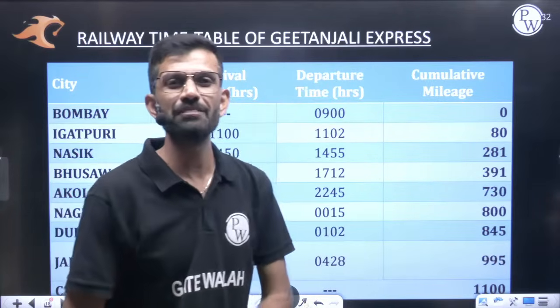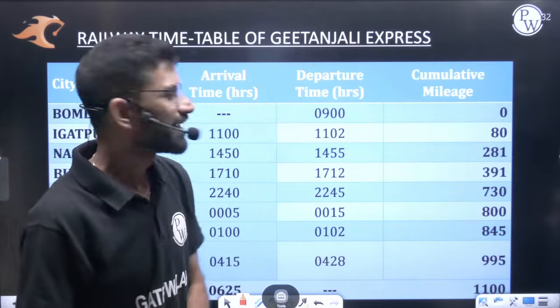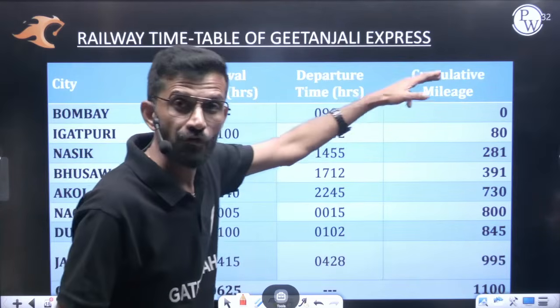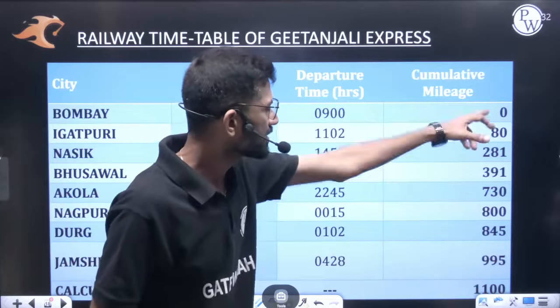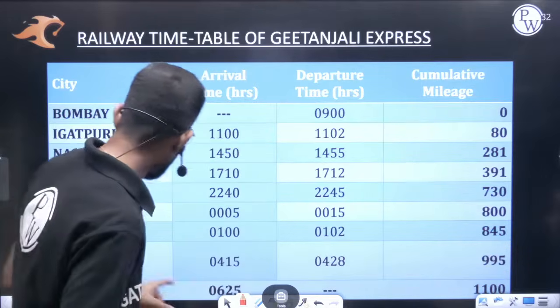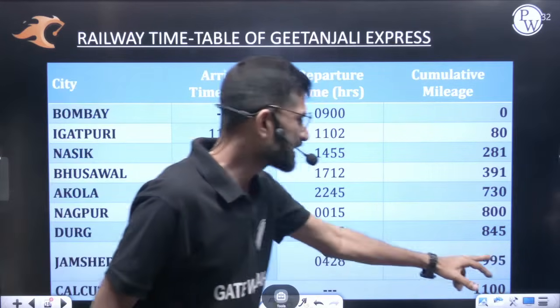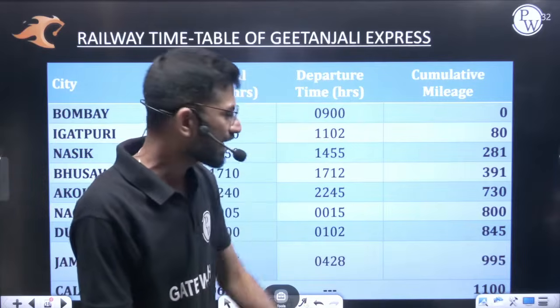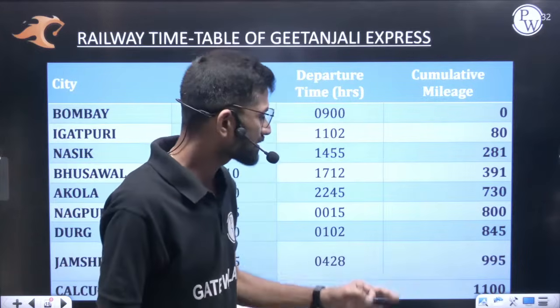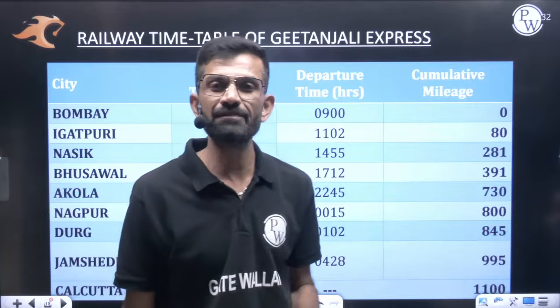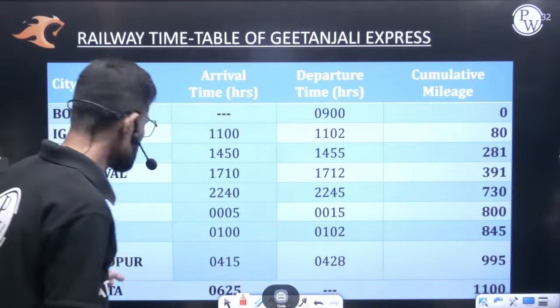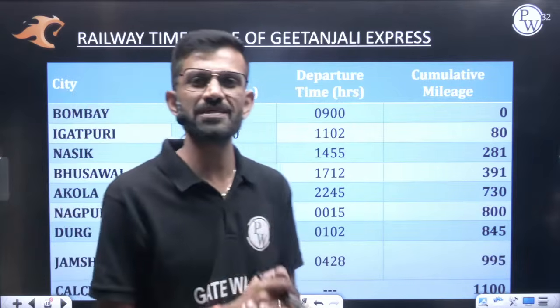You have understood the meaning of cumulative here. Moving further, Bombay to Kolkata total distance is directly 1100. Jamshedpur to Kolkata: 995 to 1100 means somewhere around 105 miles. So this is how they have presented the data.